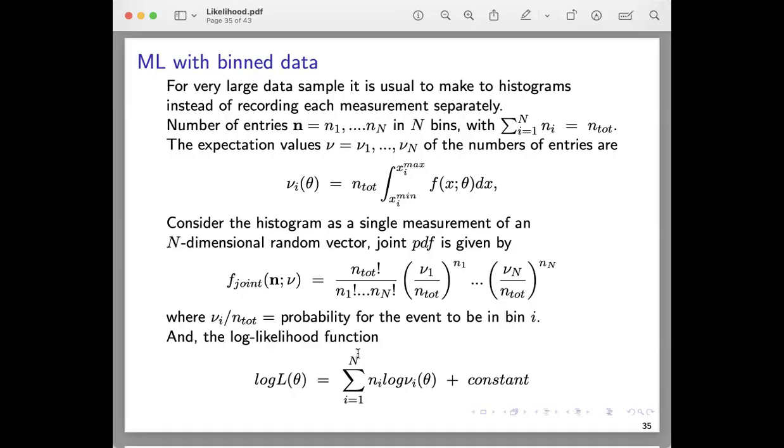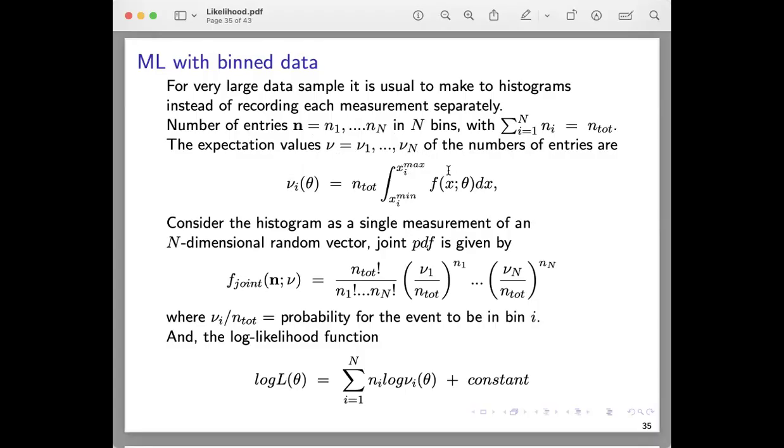Now you can treat the ni's as Poisson distributed with some mean values mu i, which is a function of the parameter, as n total times the integration of this PDF within the bin range.